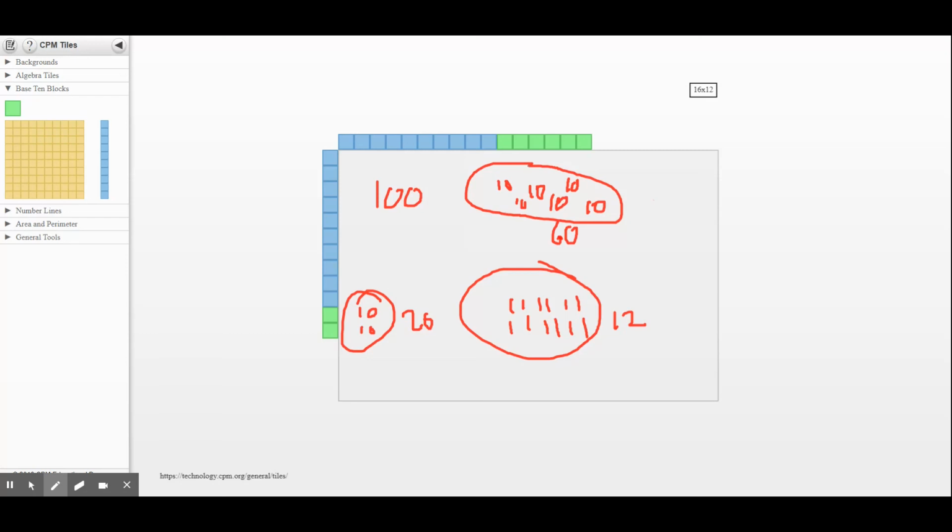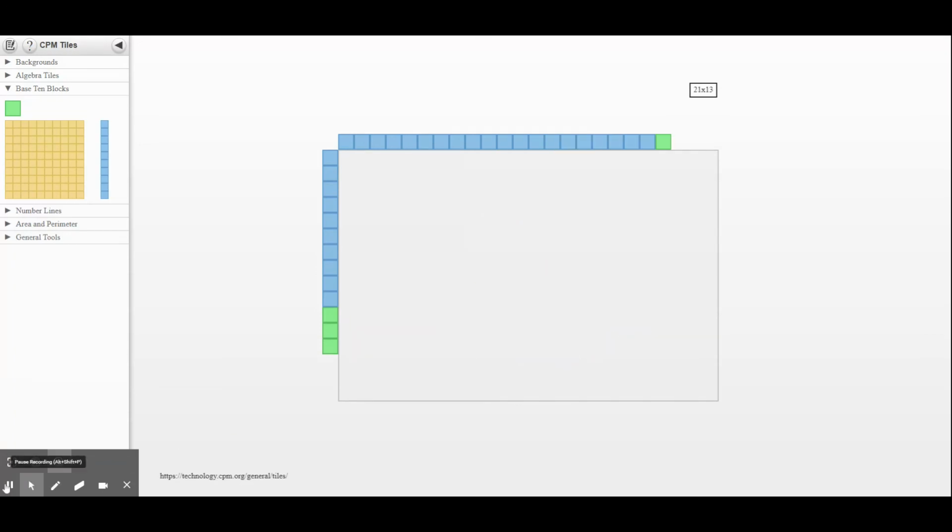All right, so I kind of grouped mine together to make it a little bit easier to count. 100, 160, 180, 192. And now we're on our last question, which was the puzzler from the first video. 21 multiplied by 13. Go ahead and fill that in, and I'll see you in a bit.